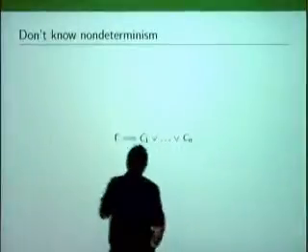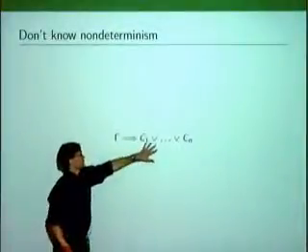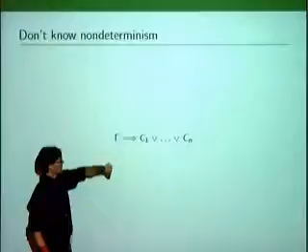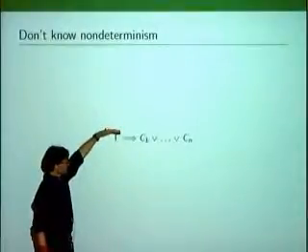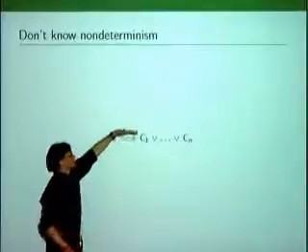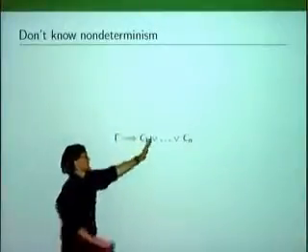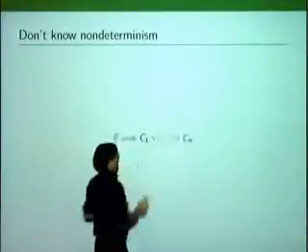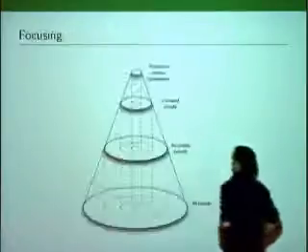The other kind is the don't know nondeterminism, which is harder. So if you have C1 or C2 or Cn, well, the question is, okay, use an OR right rule, and then you have another choice point. You either try to prove C1 or you try to prove this part, and then you have more of these choices. Now, what focusing does is, well, people have been eliminating this kind of don't care nondeterminism for ages.